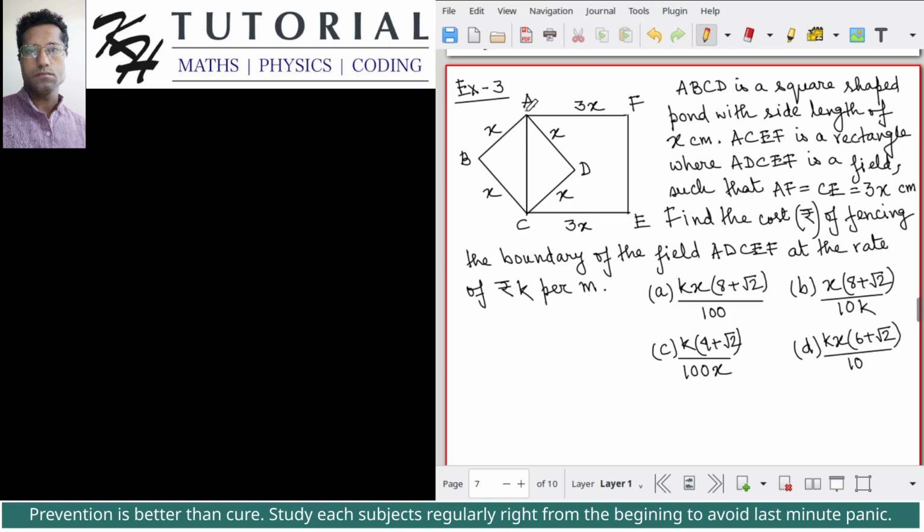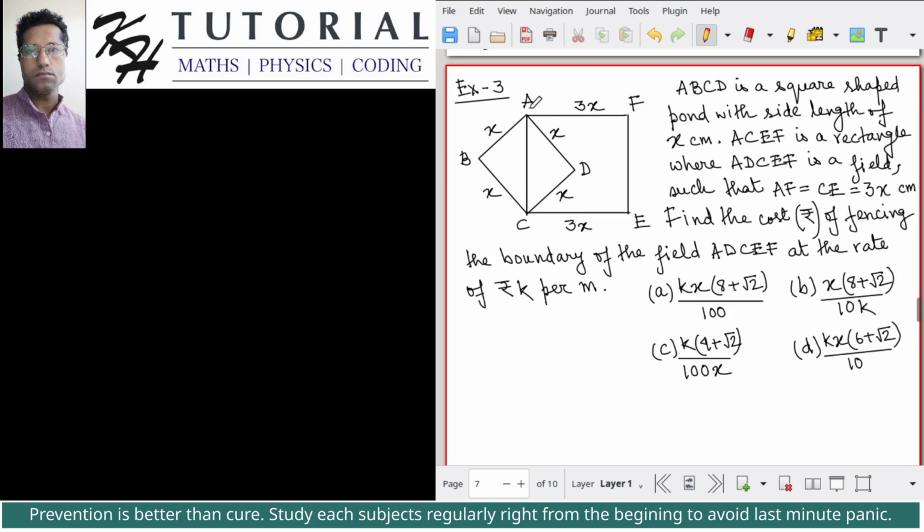The side AC of the rectangle ACEF is nothing but the diagonal of the square pond, and the other sides of the rectangle, AF and CE, are of length 3x centimeter.